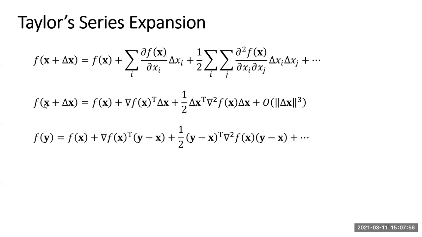Or if we let y be x plus delta x, then this delta x is replaced with y minus x, and so you get this form of the Taylor series expansion. They all mean the same thing.